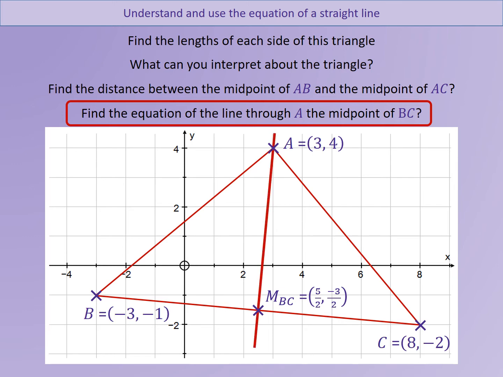This is the line that you're trying to find the equation of, and it turns out that the equation is y equals 11x minus 29. So nice integer values for m and c, but I haven't gone through a method there because you can choose a method that suits you, as long as you end up with the correct answer, then all is good.